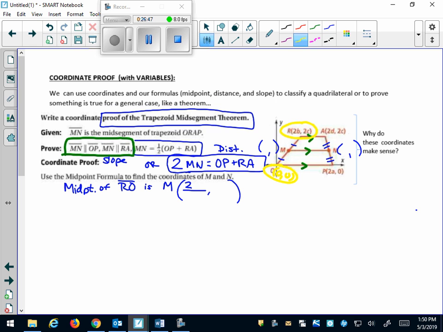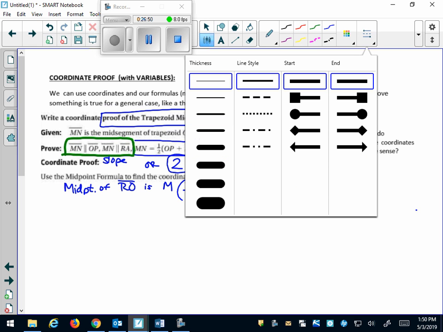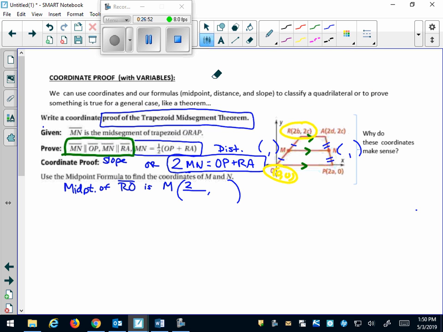Now we're going to add the x's: 2b plus 0 over 2, and now 2c plus 0 over 2. That gives us the coordinates of M. Well, 2b plus 0 is 2b over 2 is just b. And 2c plus 0 is 2c over 2 is c. So the coordinates of the midpoint M is (b, c).